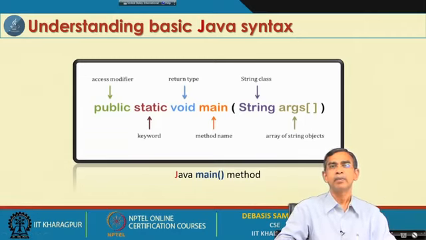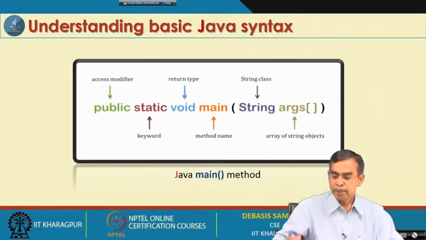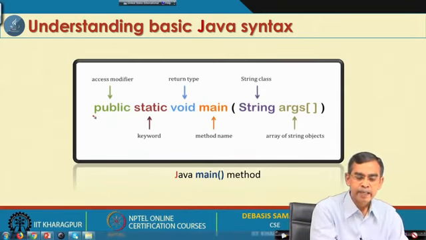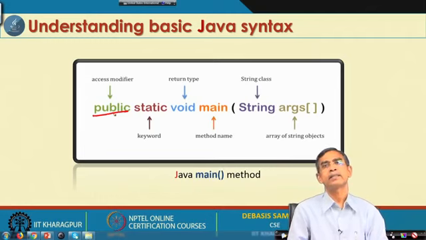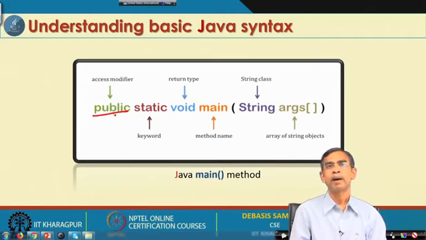Now, I will discuss this main method, which has many elements in it, like public, static, void, main, and the string and everything. So, the first item, you can say the first word, is public, and it is called the access modifier.